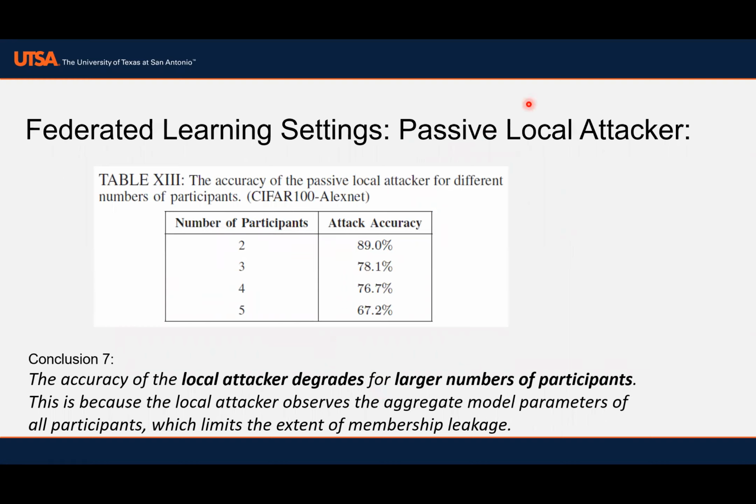They also analyze the passive local attackers.